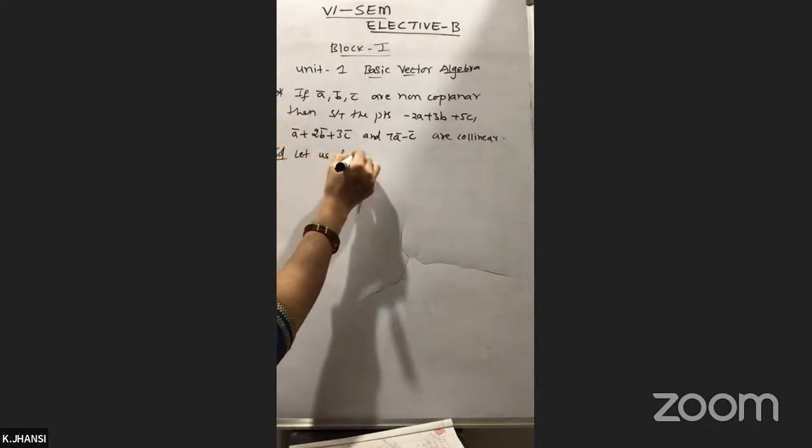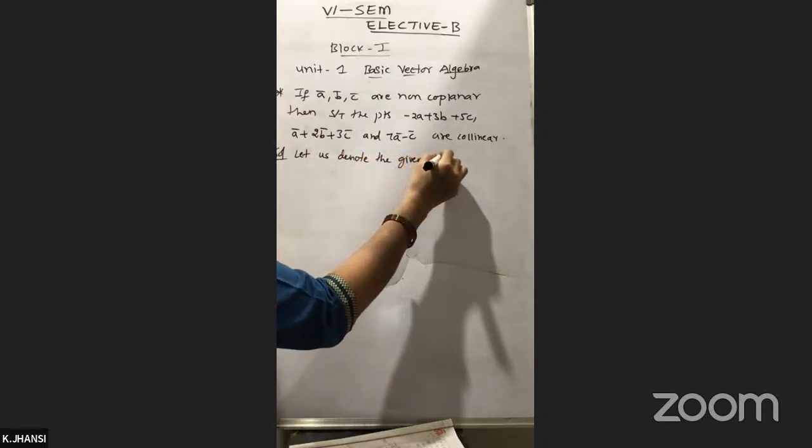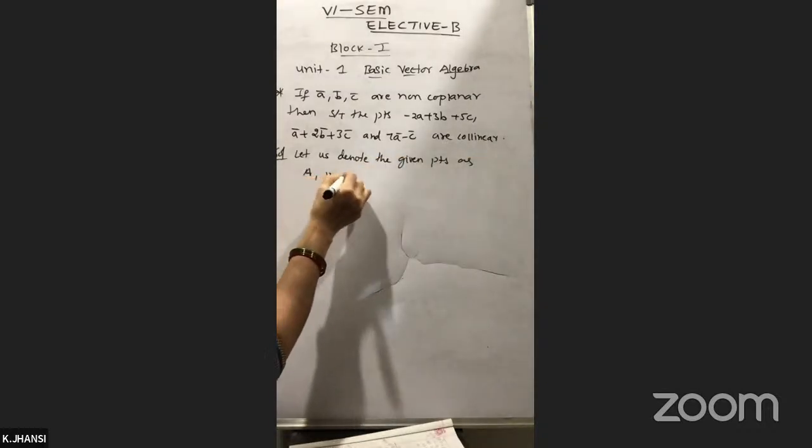So first thing is, let us denote the given points as A, B, C. Okay. So the points, whatever are there, 1, 2, 3, you are denoting them as capital A, capital B, capital C. Okay.